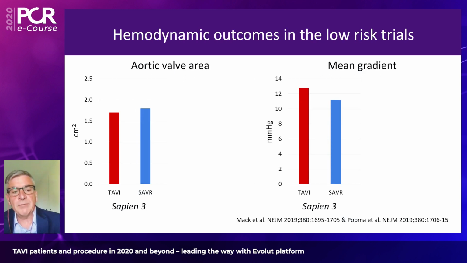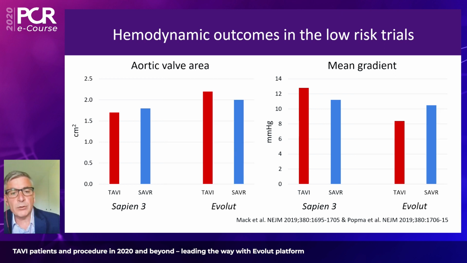And we saw here that in the PARTNER 3 trial, the TAVI patients actually came out with a smaller effective valve area and also a higher gradient than the patients who went for surgery. Whereas in the Evolut low risk trial, it was opposite. Patients who went for TAVI came out with a significantly higher aortic valve area and a significantly lower mean gradient than the patients who were treated with surgery.